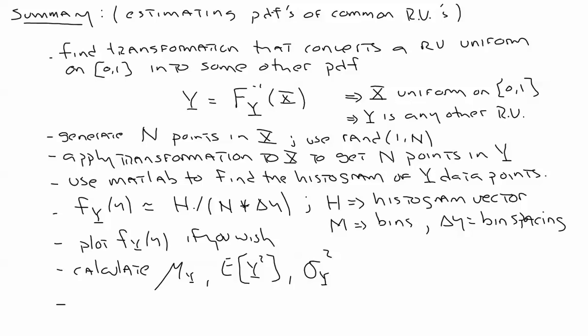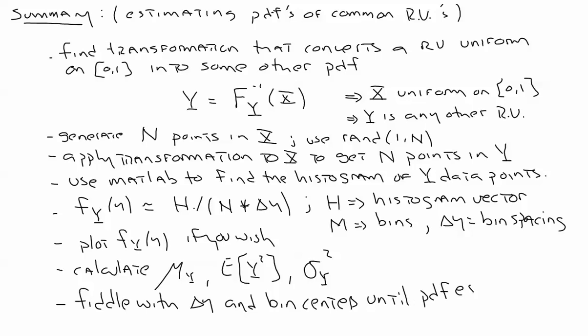And unfortunately, you have to fiddle with the bin spacing and bin centers until my results are what I expect them to be. So I fiddle with the bin width and the bin centers until the PDF estimate is smooth.